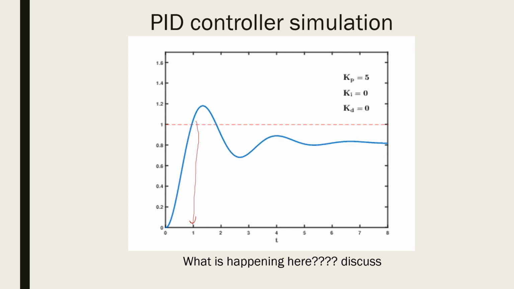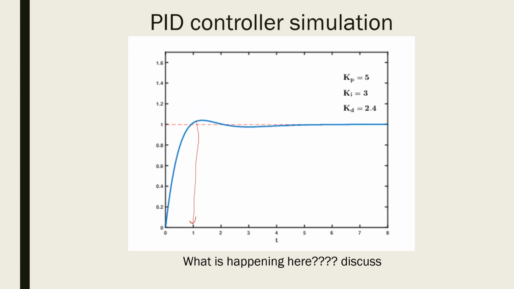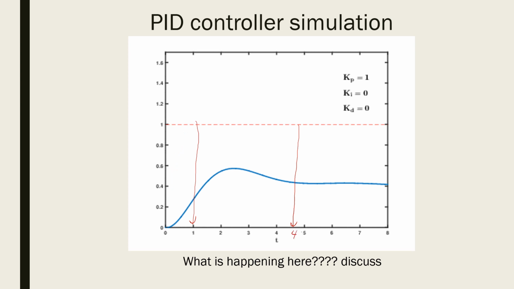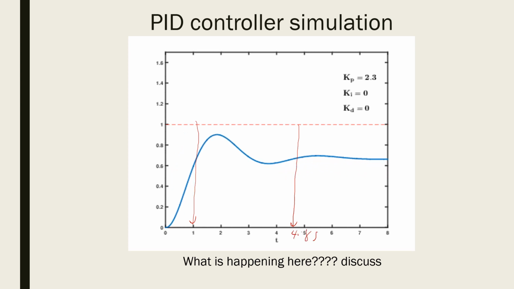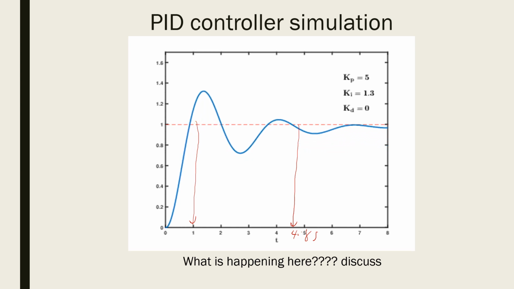It still has some error. So let's see at what time it reaches steady state. All right, this is it. I think this one. So maybe at 4.8 seconds, it reaches a steady state. So before that, it's still adjusting, but good enough, right? Still good enough.